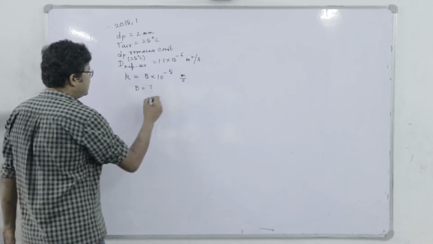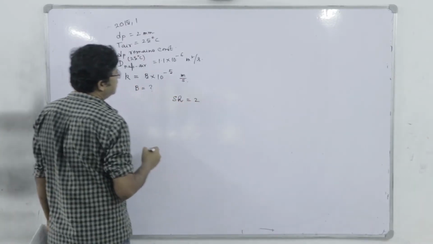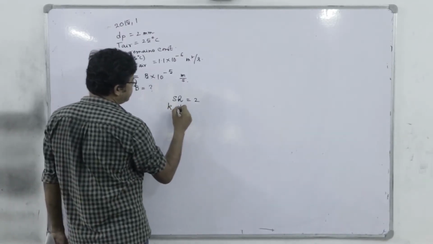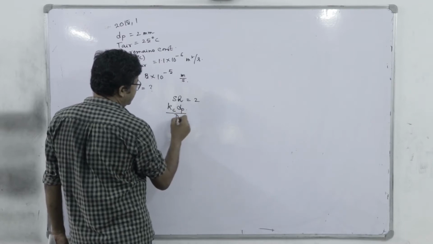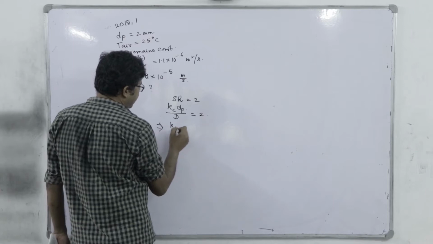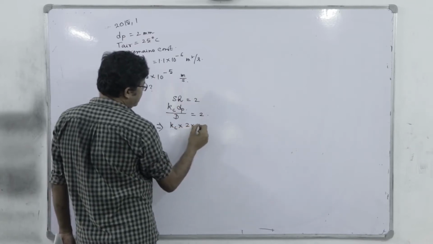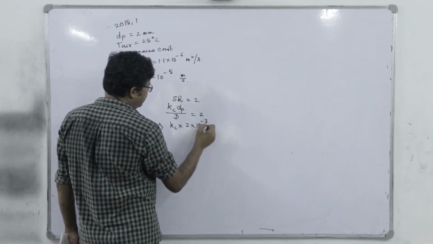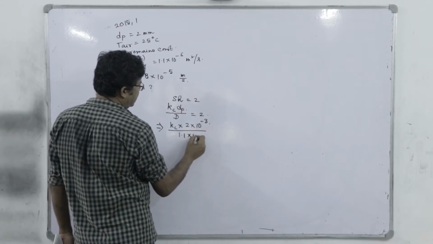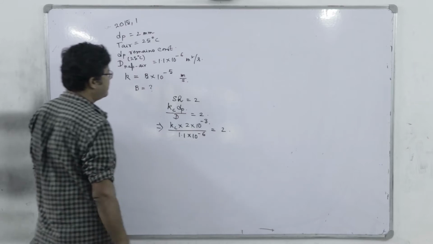So, our entry point in the solution is considering the Sherwood number is equal to 2, and Sherwood number is equal to Kc into dP divided by capital D, and that is equal to 2. So, dP is 2 millimeter, so 2 into 10 to the power minus 3, and diffusivity 1.1 into 10 to the power minus 6, and that is equal to 2.